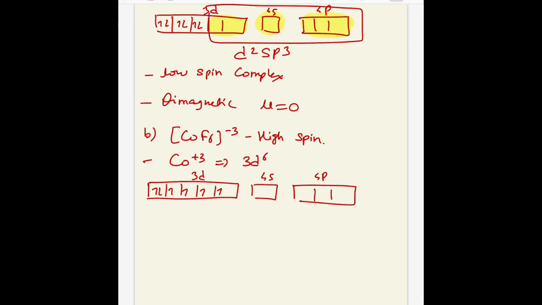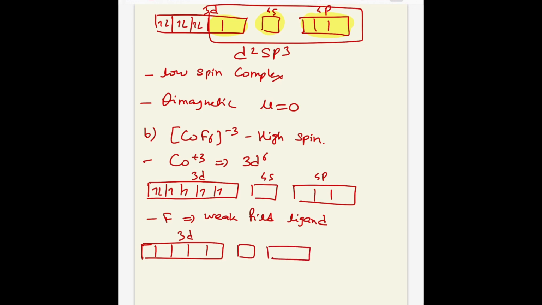Okay, so F is a weak field ligand, fluorine is a weak field ligand, so the pairing will not take place like the previous example. There are 6 fluorines, so we require 6 empty orbitals. After 4p the next orbital required is 4d: 3d, 4s, 4p, and then here 4d.